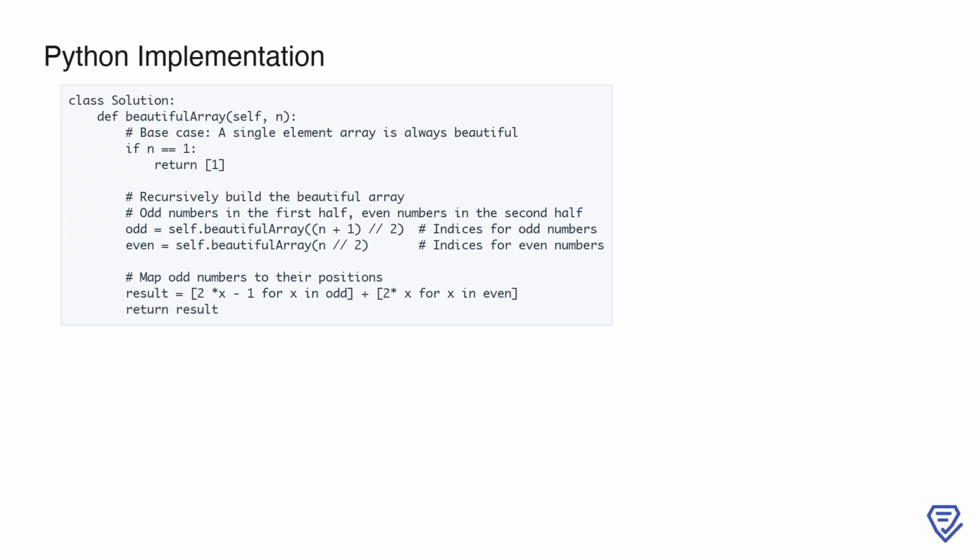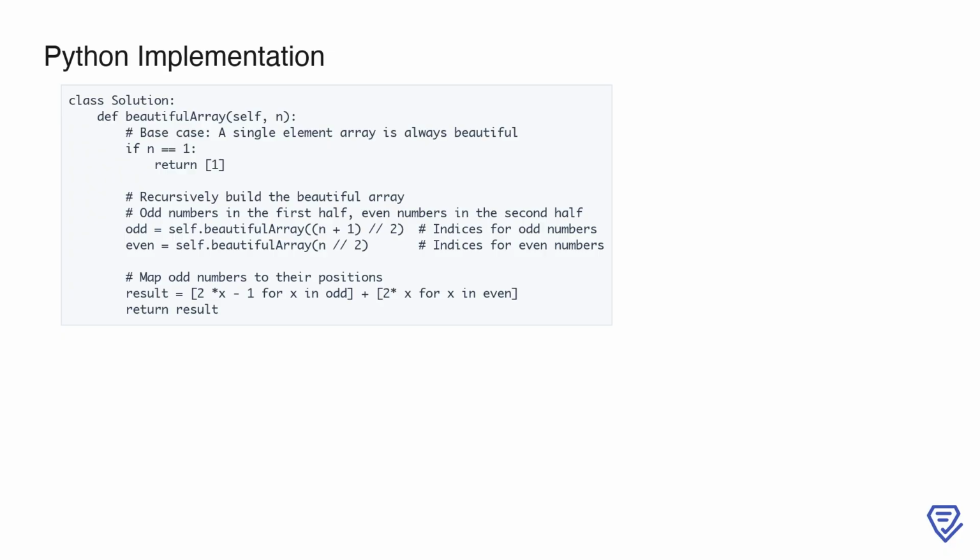For larger values of n, the function divides the problem into two parts. 1. Odd-indexed positions. These are determined by recursively calling the function with (n + 1) // 2, which calculates the size of the odd half. 2. Even-indexed positions. These are calculated by recursively calling the function with n // 2, which determines the size of the even half.